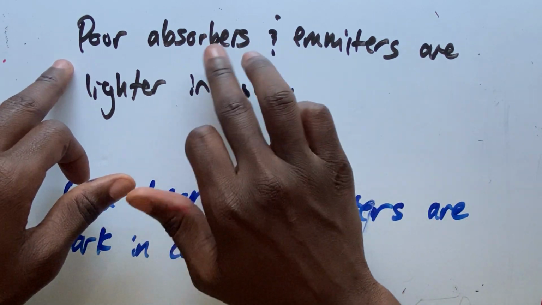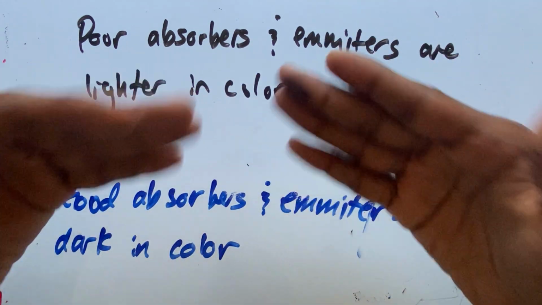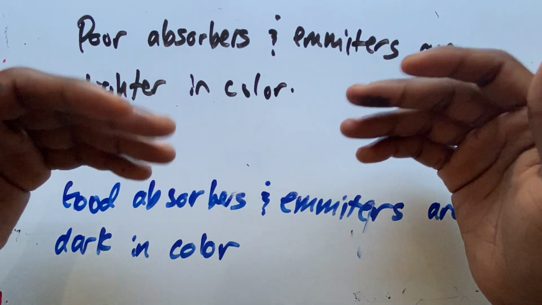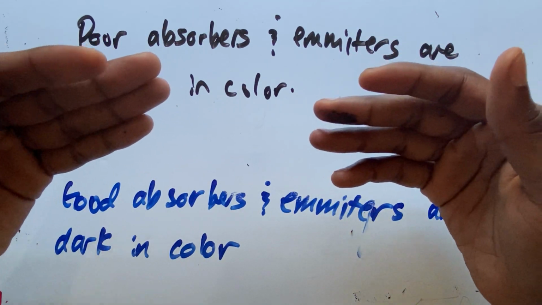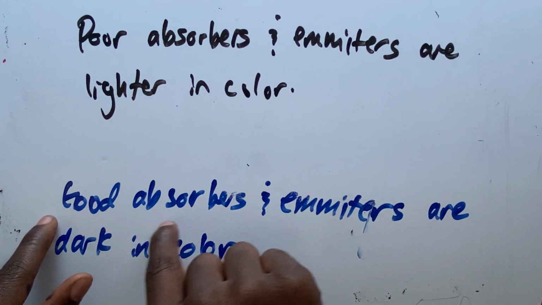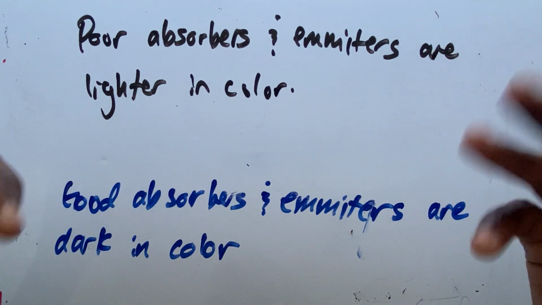Basically it's very reflective, so a lot of light is being reflected off of that white surface. Versus a black piece of paper, a darker color piece of paper, which is a good absorber, would be a lot easier on your eyes to look at on a bright day.